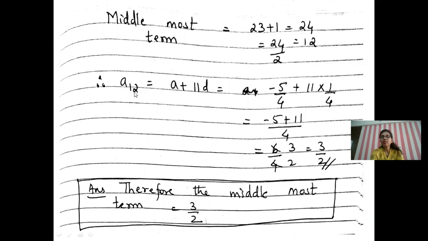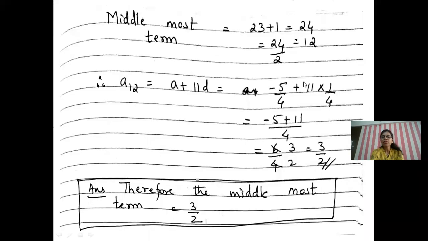So a12 is equal to a plus 11d. I substitute minus 5 upon 4 plus 11 into 1 upon 4, and I got minus 5 plus 11 as 6 upon 4. When I simplify it, I got the value as 3 upon 2. So that is the middlemost term.